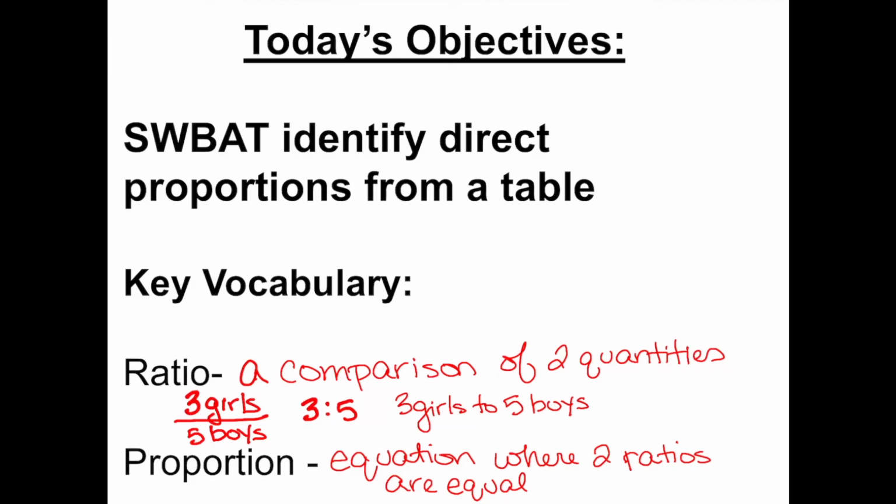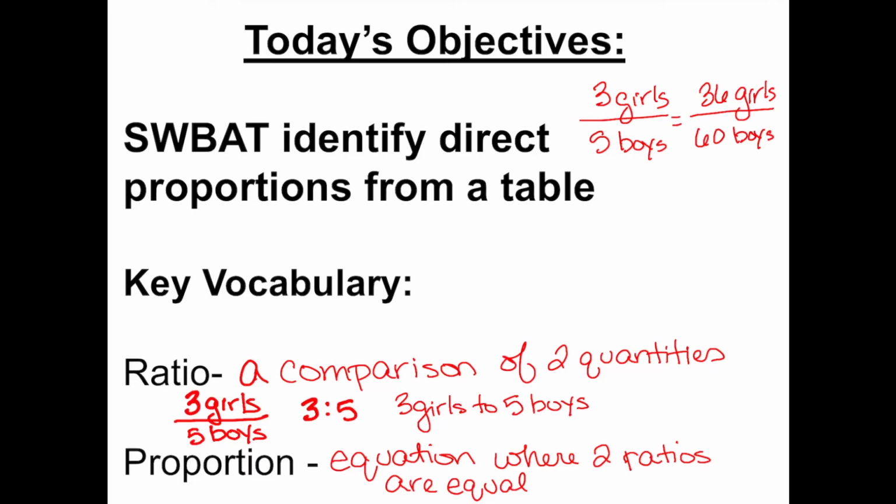So let's take this example of 3 girls to 5 boys. Maybe that's Mrs. Gwines' room. Okay, so my room has 3 girls and 5 boys. And then we find out that the entire 7th grade has 36 girls to 60 boys.